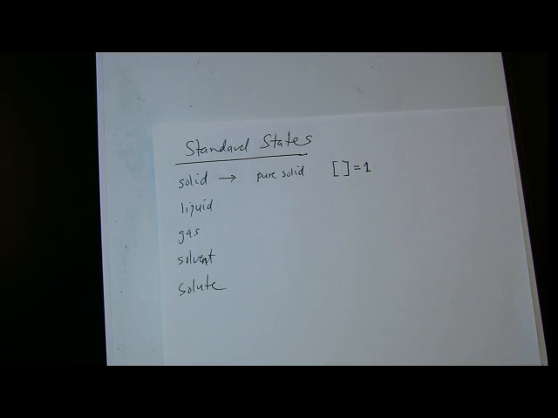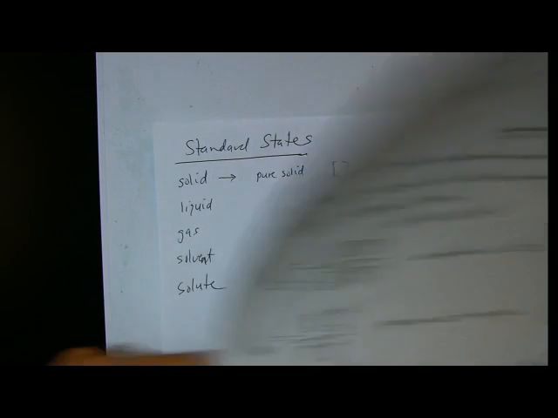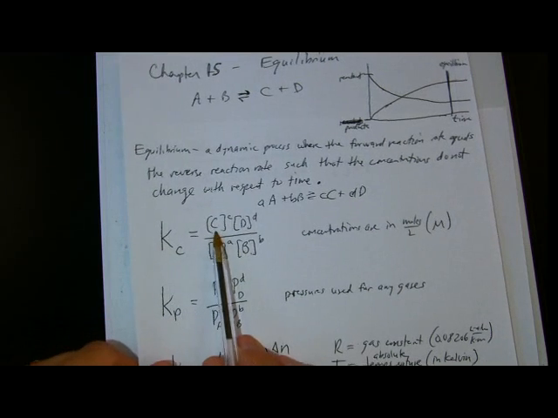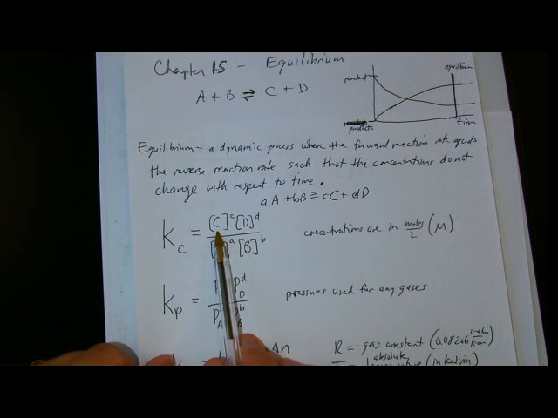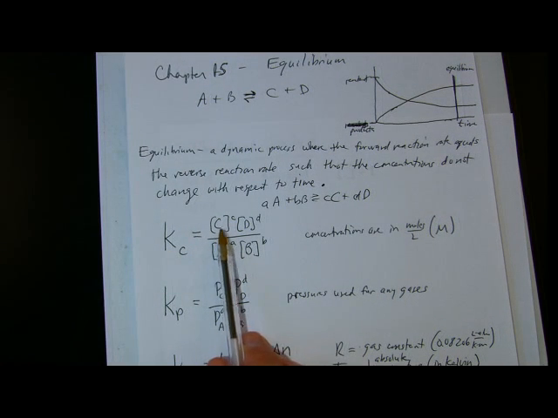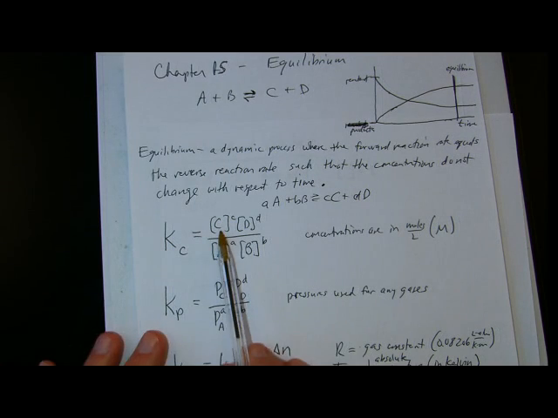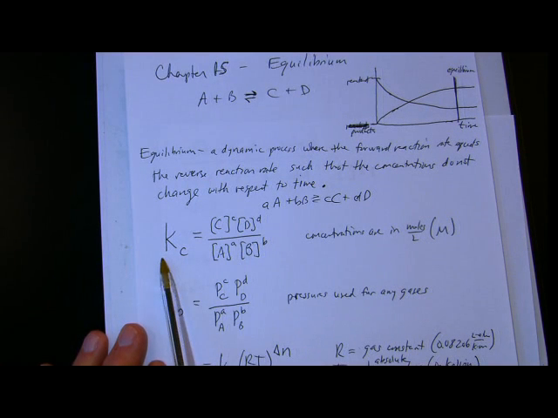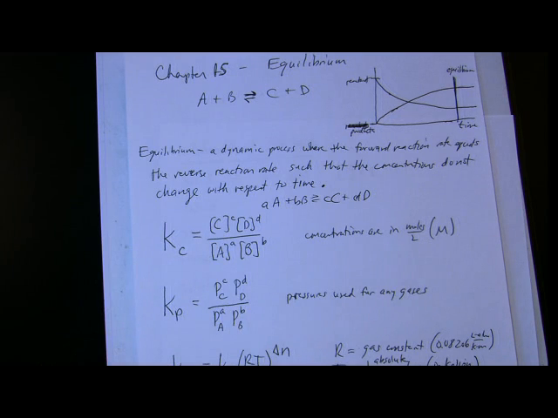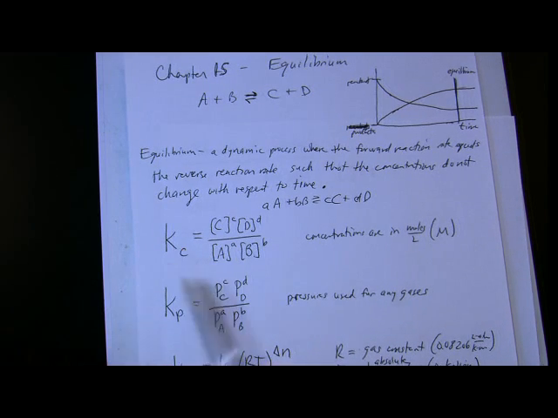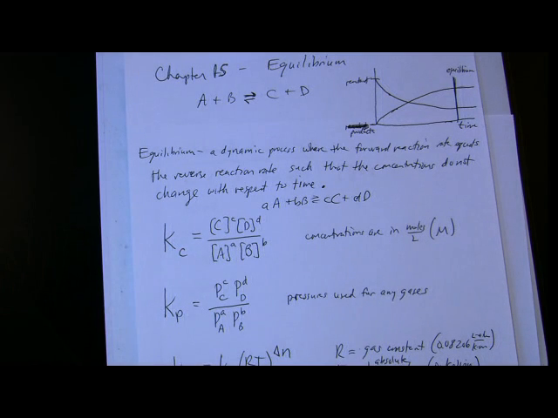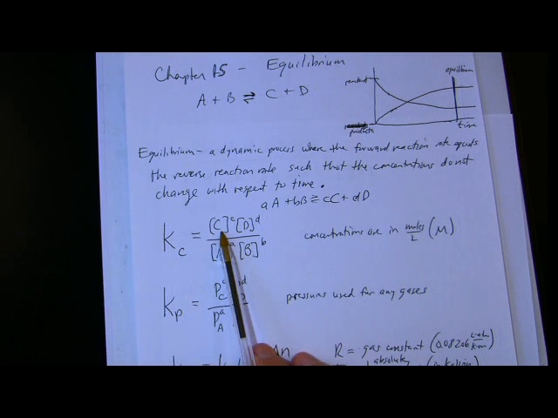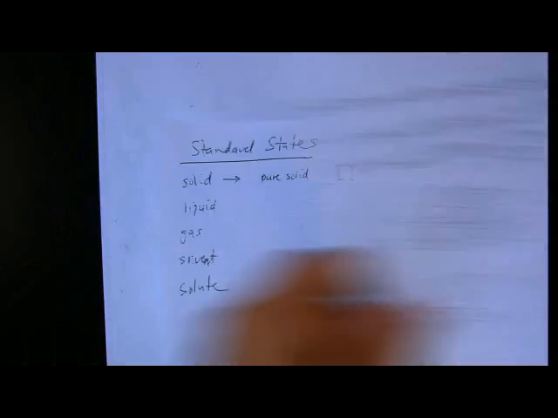And so what chemists do is they say, if C is a solid, is that concentration ever going to change? No, it does not, because it doesn't matter what volume you have of it. And so we just arbitrarily say all solids are going to have a concentration of 1, and that will be taken into account in the K. If it were some other number, then that just means the value of K would be different. So when we actually measure the value of K, it's assuming that we're just going to use 1 for a solid.